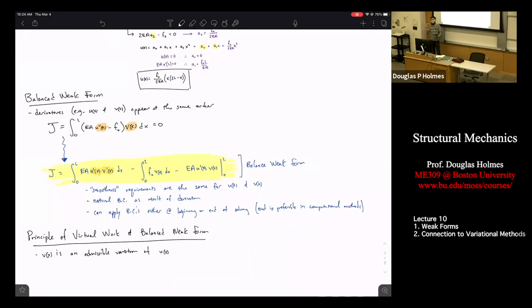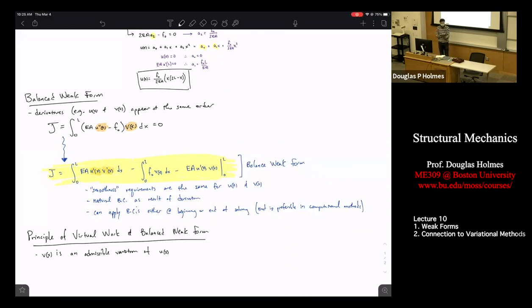To say, I'm trying to solve a problem, I have a clamp at x is equal to 0. We can't allow us to have a test function that varies the location of that point at x equals 0, because that is fixed at exactly 0. So by admissible, we mean the exact same thing we mean when we talk about the principle of virtual work, which is that you can have an arbitrary displacement on your particle or your material point, unless that particle or material point is constrained.